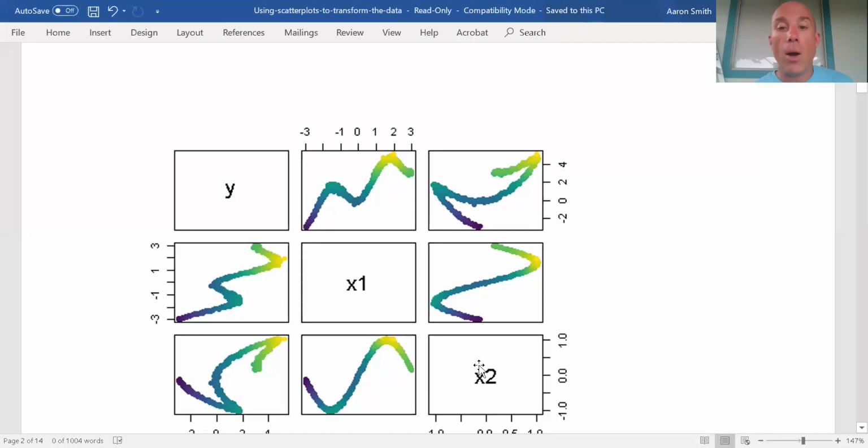Now I come down here, I'm looking at the predictor variables, and I can clearly see that there's an S-bend here. But this does not define a function, right? But if I come down here, look at that. If I say that X2 depends on X1, I can see that I have what looks to be a function.